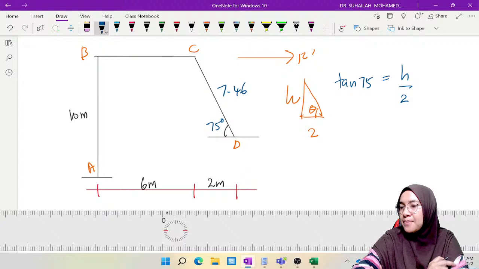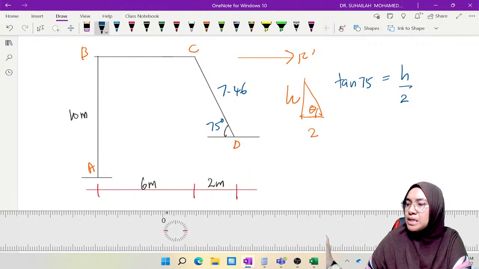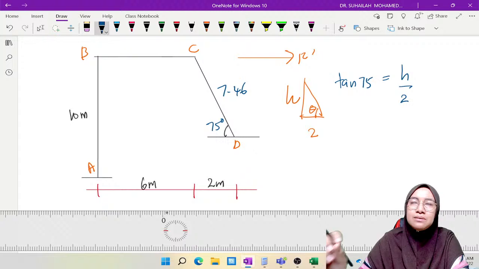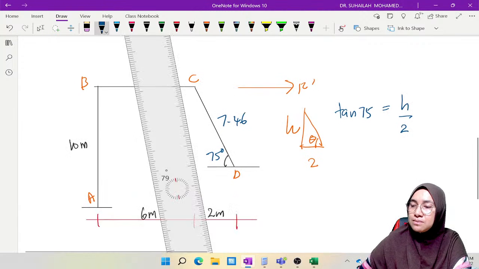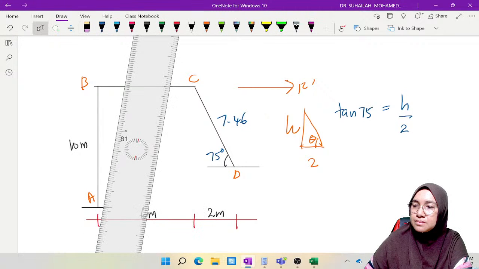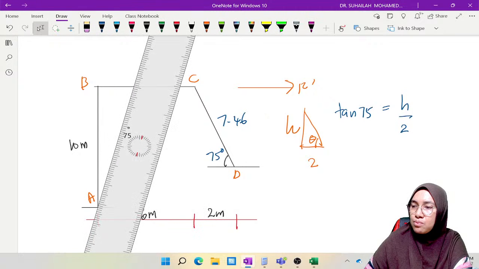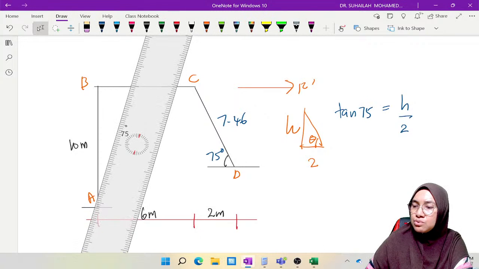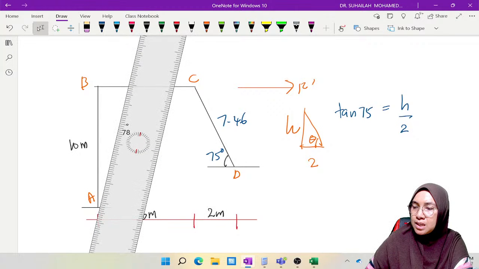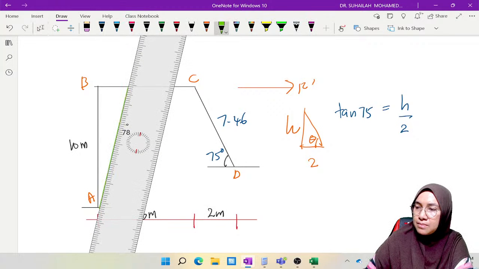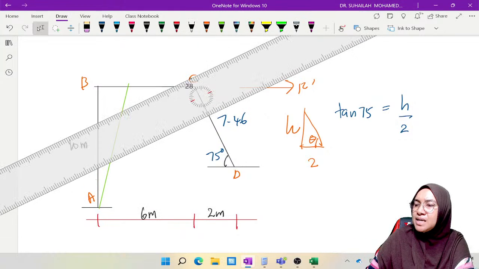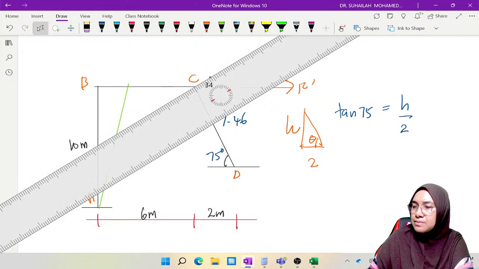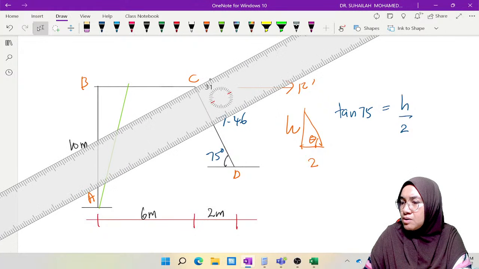Now we want to focus on delta 1, delta 2, delta 3. Delta 1 will be this, perpendicular to column AB. Perpendicular to column CD, this one.